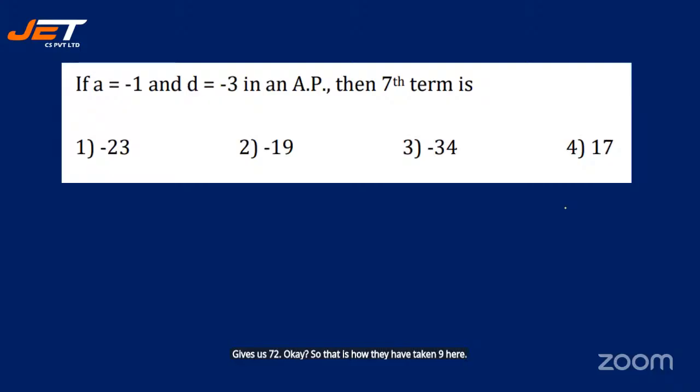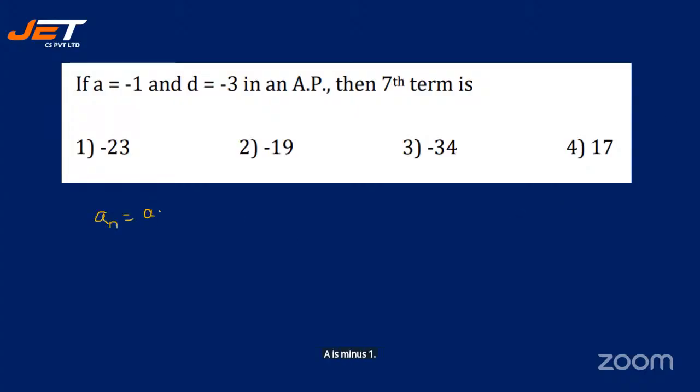Right, now see the next question. If A is minus 1, D is minus 3 in an AP, then what is the seventh term? Seventh term is very simple. AN formula, A plus N minus 1 into D, isn't it? So how do you do this here? A is minus 1.